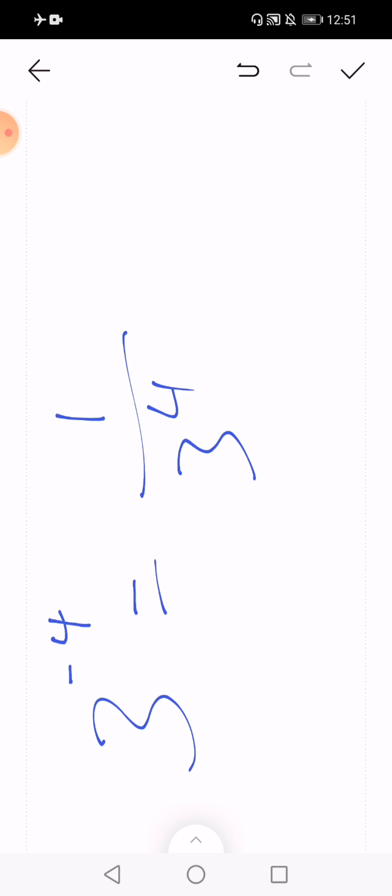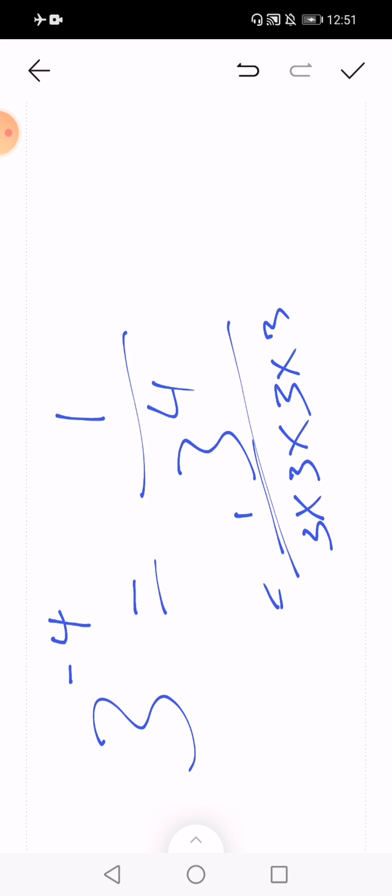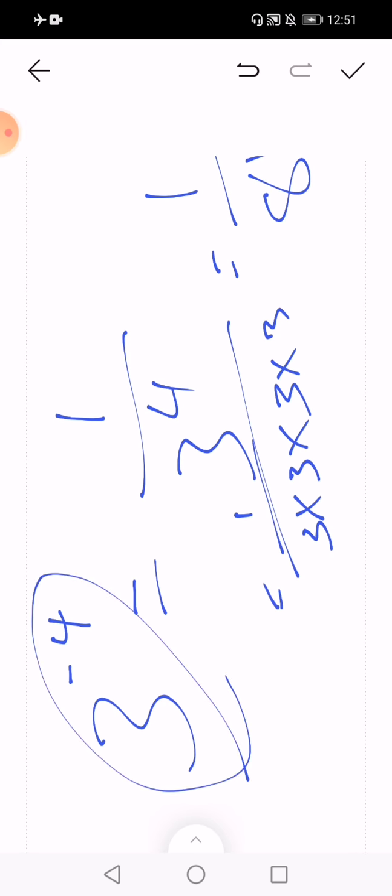So if we have 3 to the power 4, that is 3 times 3 times 3 times 3, we are going to get 81. So this is 1 over 81. If they ask you to evaluate this one, you know that this one is 1 over 81.